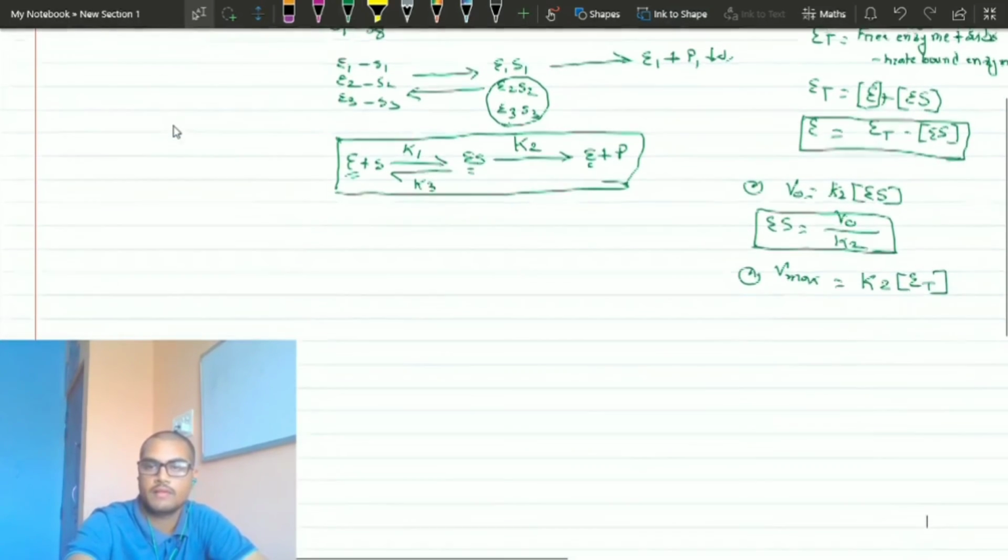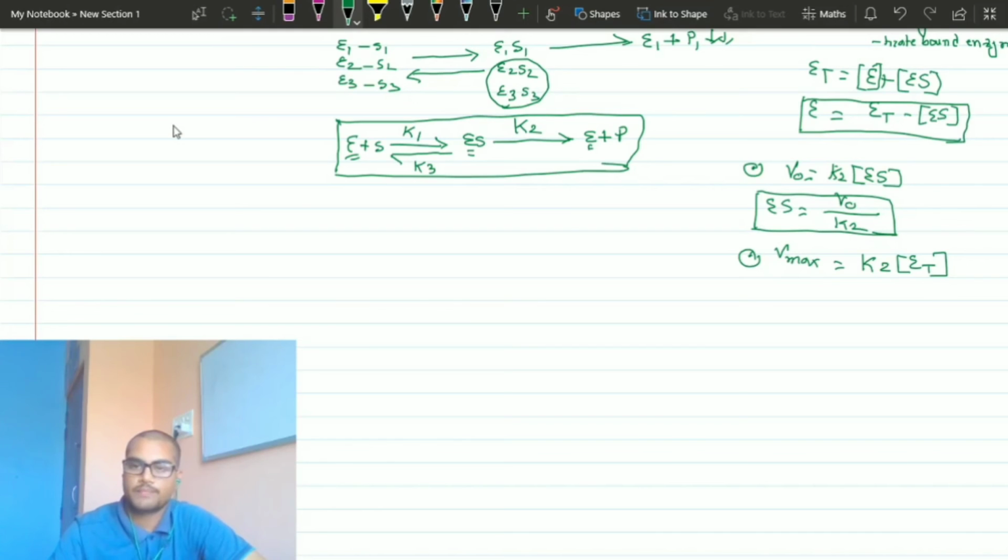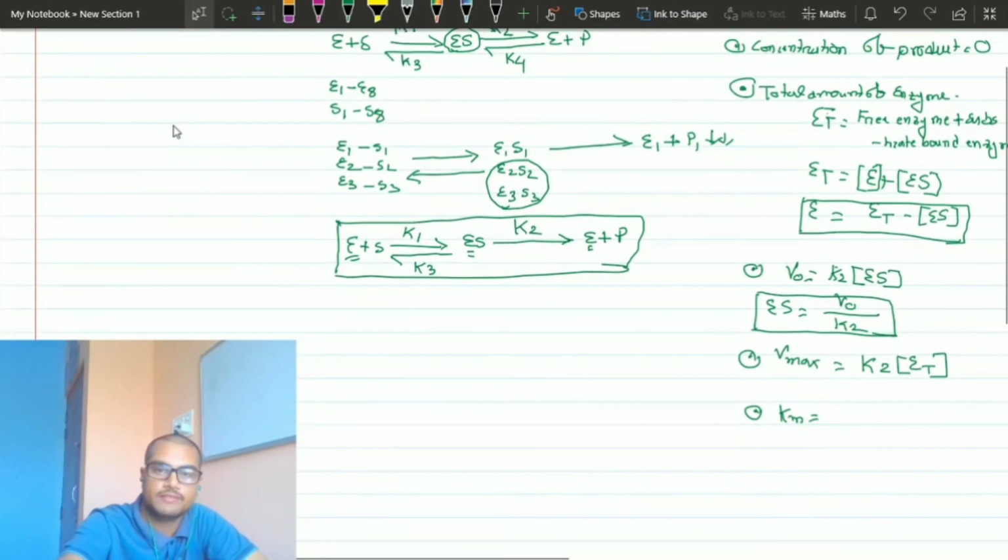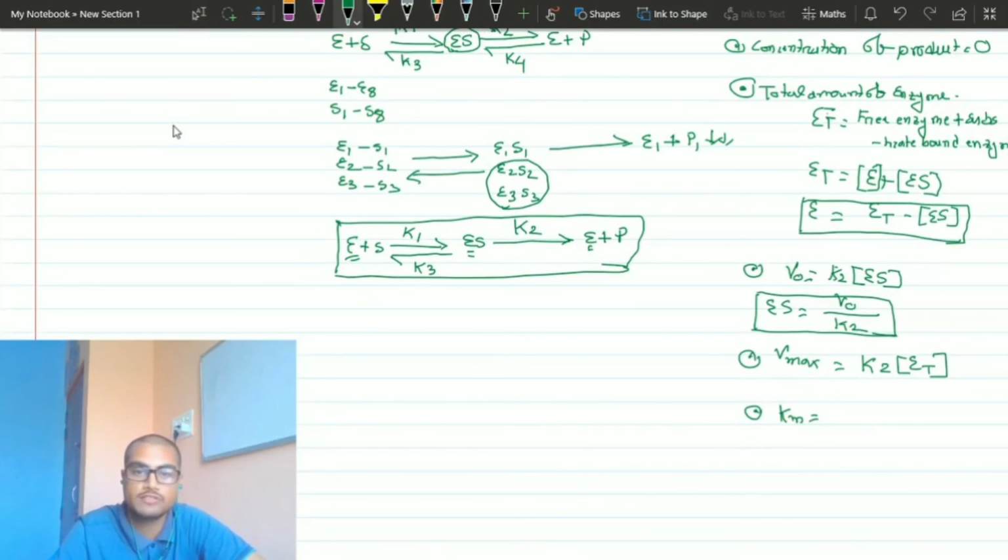Now the sixth most important thing is the Michaelis Menten constant, that is Km. Km will be considered as the dissociation constant by the association constant. Now here, if you see the enzyme substrate reaction, you can see that the association constant is K1 and the dissociation constants are K2 and K3, because K1 is responsible for the forward reaction through which the enzyme and substrate bind with each other and form the enzyme substrate complex.